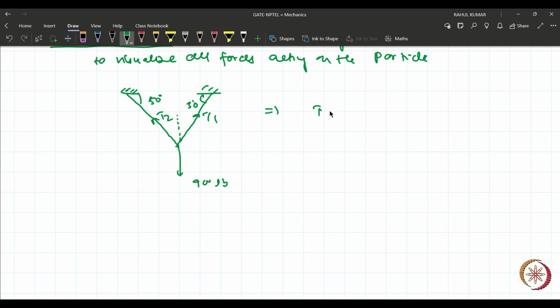The answer is simple. How is it 40 degree? This one is 40 degree, this one is 60 degree.